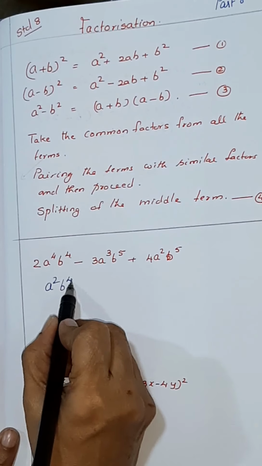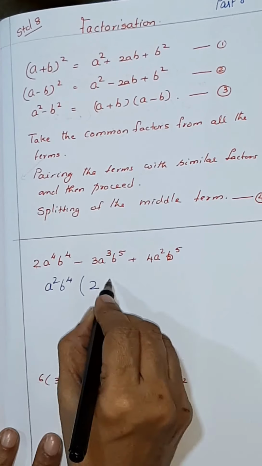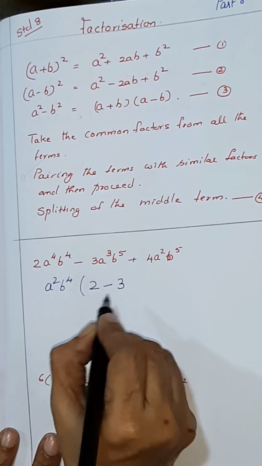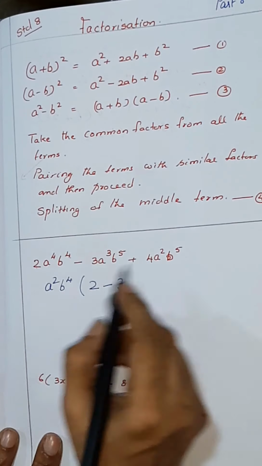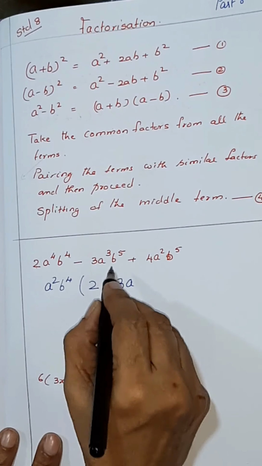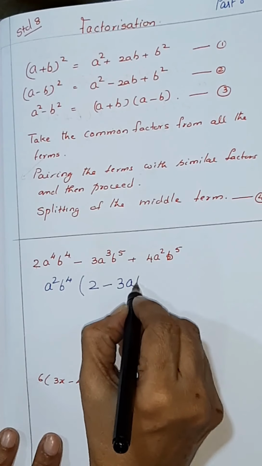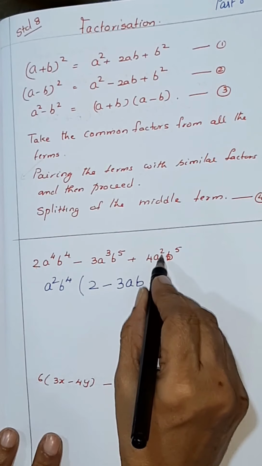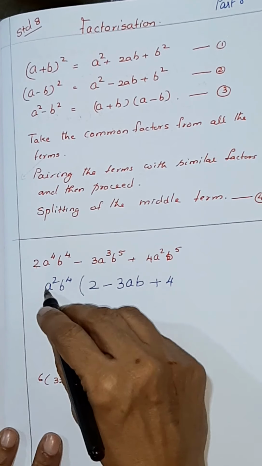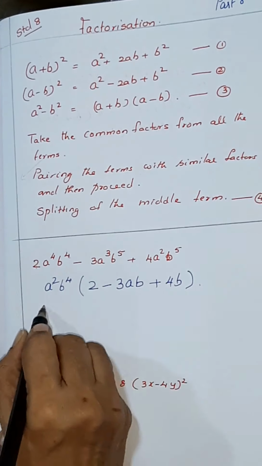So a squared b4 we take out. You are left with 2 here and 3 in this, then out of a cube we have already taken a squared, so you are left with a, and from b5 you have taken b4, so you are left with b. Plus, here you are left with 4, then a squared has come out and you are left with 4b.